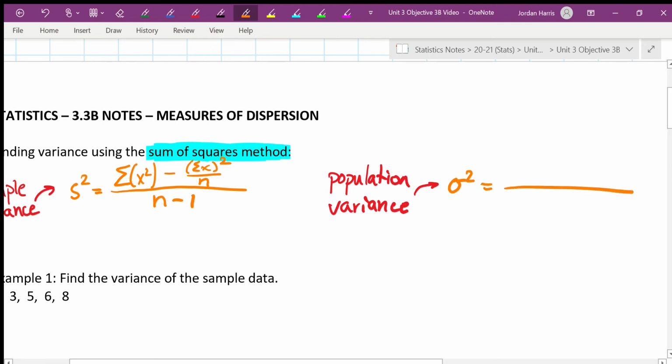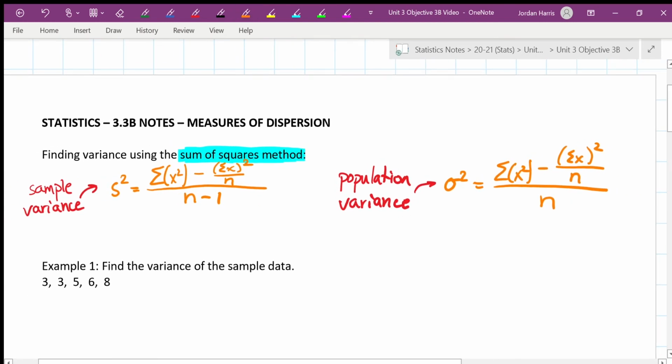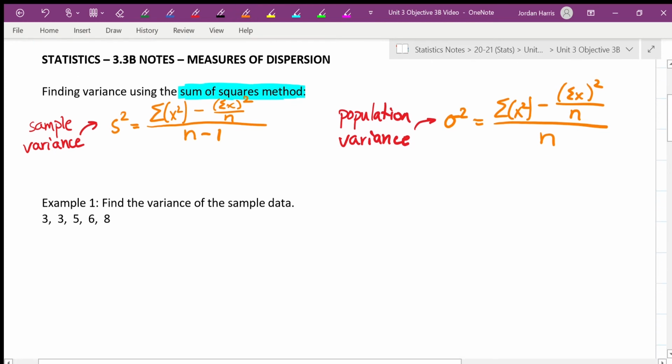And this time, it's the sum of the x squareds minus the sum of x, then squared, all over n. Notice the bottom part is taking into account the correction factor for samples and no correction factor for population. That's important. It looks like a very complicated formula, but really it's not that complicated.